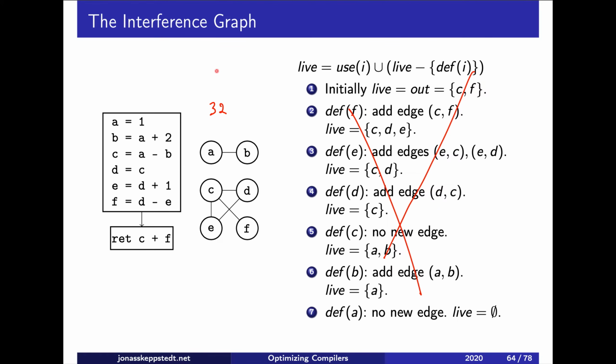So we can simplify the graph and put the nodes with fewer neighbors than the number of available colors on a stack. Eventually this graph may be empty, and then we can pop the stack and insert all the nodes again and assign them different colors.